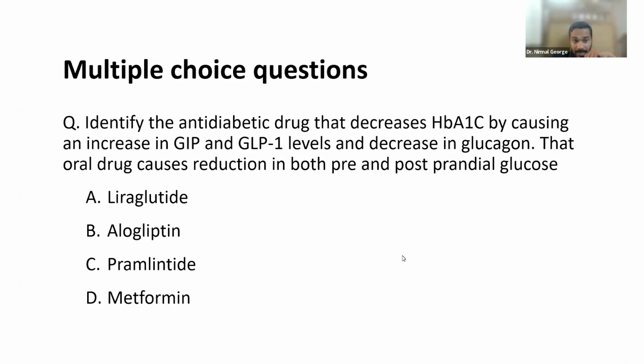That doesn't mean that they act on GIP. Right. So they do not increase the levels of GIP. And liraglutide is a GLP-1 agonist, but it is not available orally. Look at the third sentence, that oral drug causes reduction in both pre and postprandial glucose. So this should be an agent that will reduce the breakdown of GLP-1 and GIP. So that is obviously alogliptin.